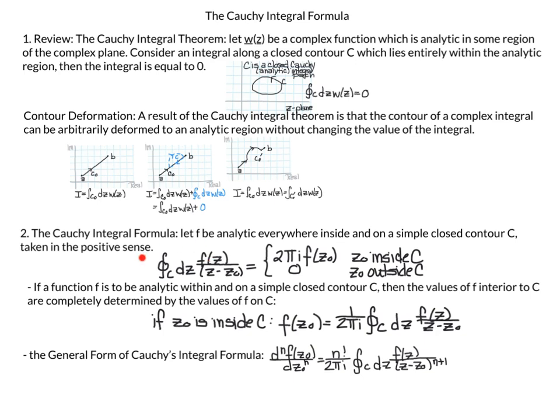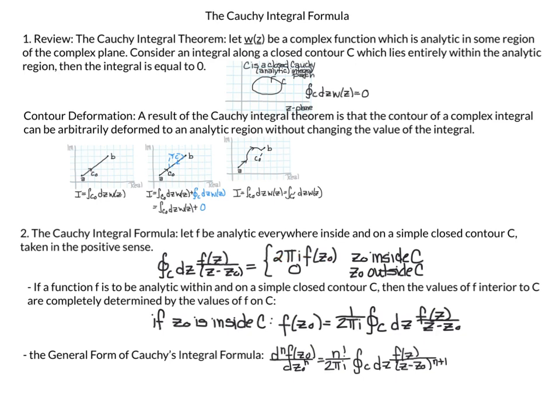Then the integral over C of f of z divided by z minus z naught is equal to 0 if z naught is outside C, which comes directly from the Cauchy integral theorem. But if z naught is inside C, which is where f of z over z minus z naught is no longer analytic, then our integral will be equal to 2 pi i times f evaluated at z naught.